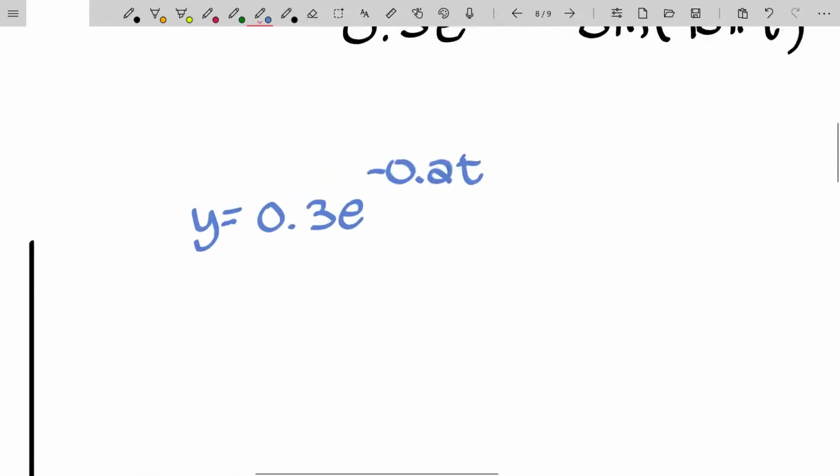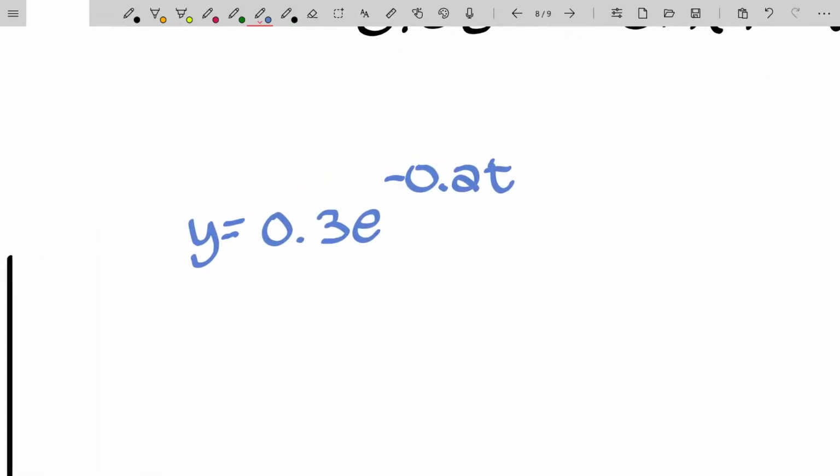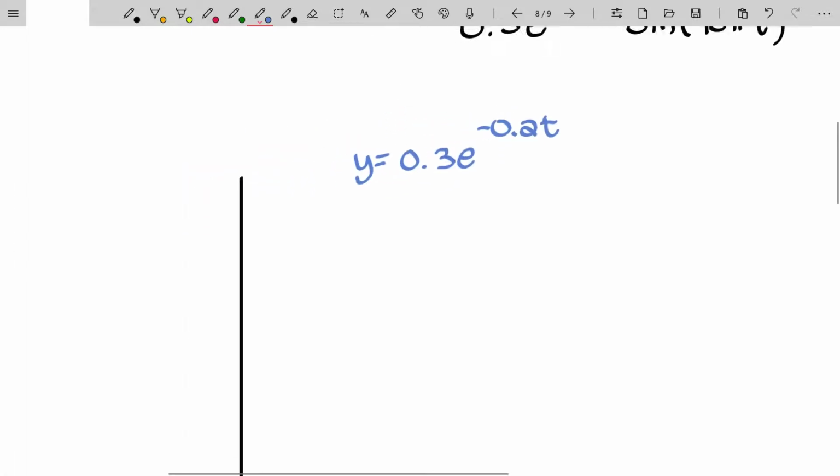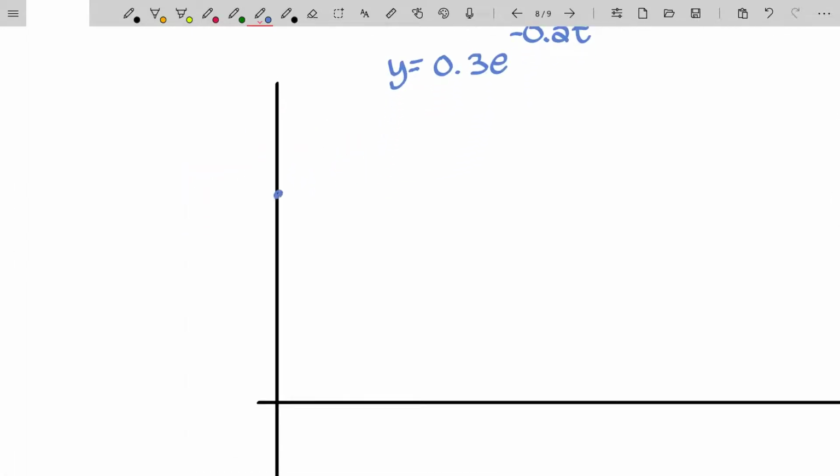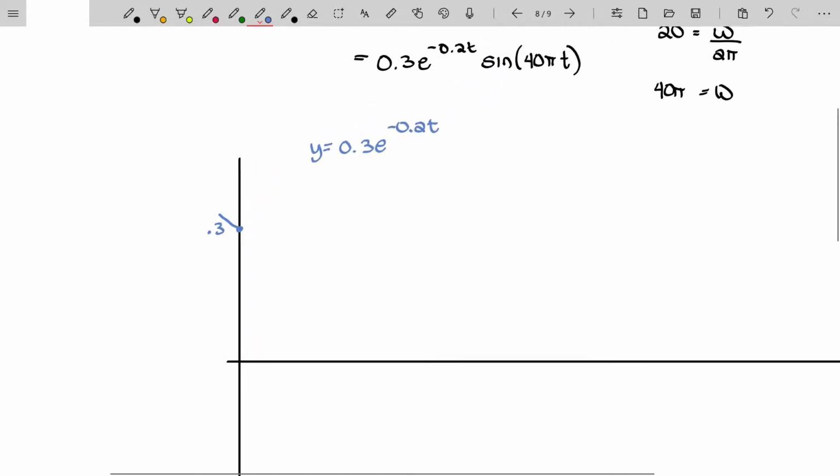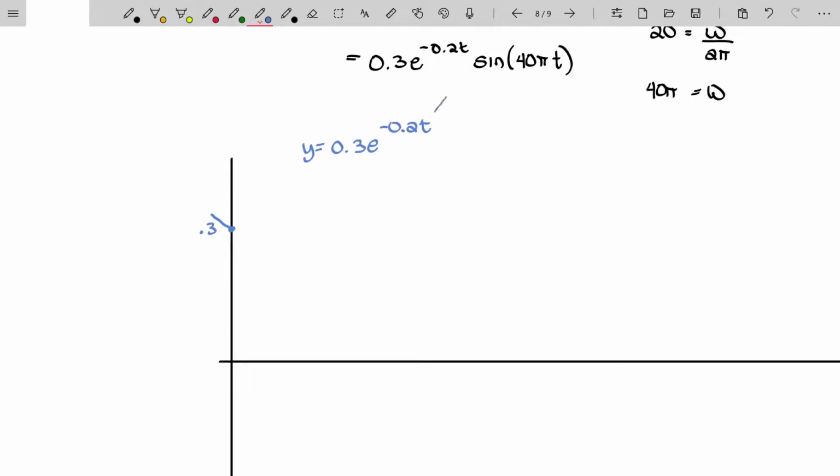At time 0, we have 0.3 e to the 0th, or just 0.3. So I'm just going to pretend as though that's a height of 0.3. So it's a decreasing exponential function that goes through a height of 0.3. And at time, let's say 1 or 2 or whatever you want, I'm going to actually do time of 10. At time of 10, so y at time 10, we have 0.3 e to the negative 2.